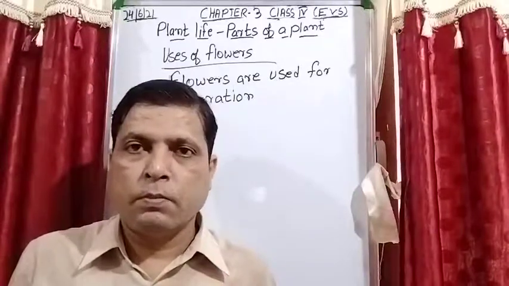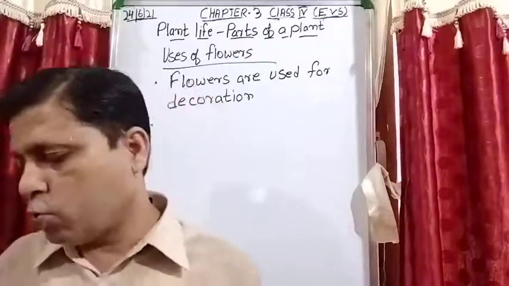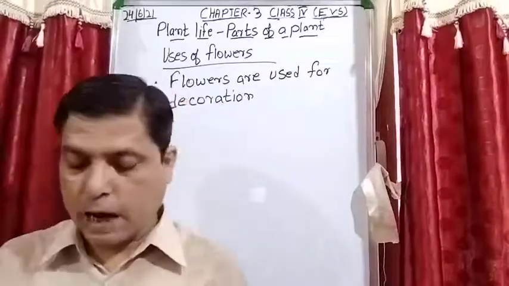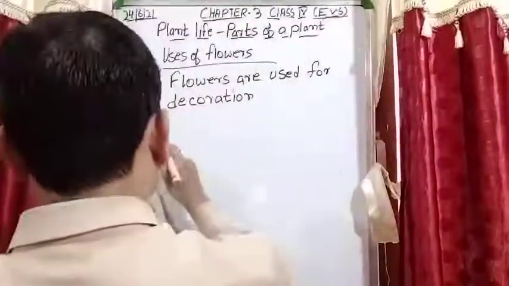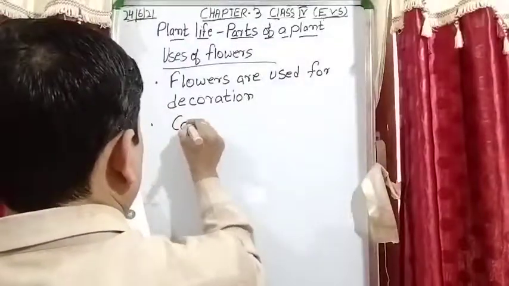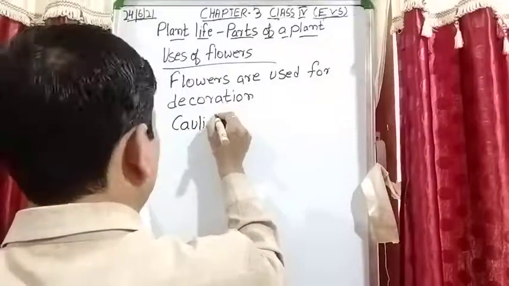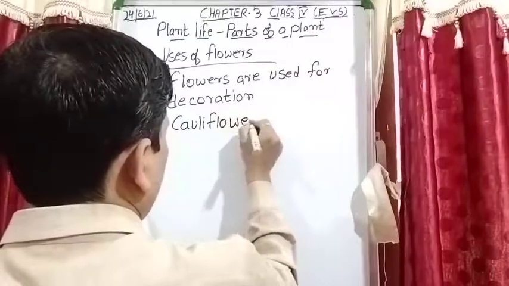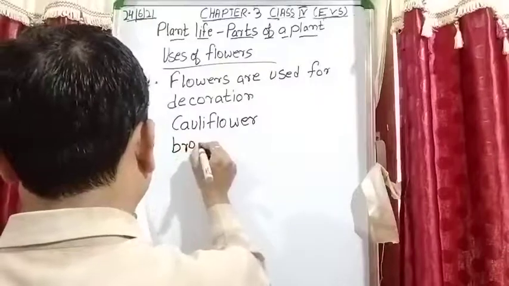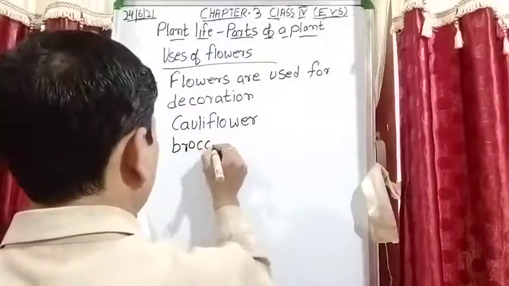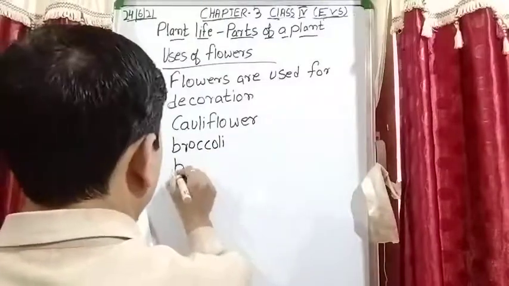So some leaves also store extra food. In the same manner, student, flowers of certain plants are used as food, like cauliflower, broccoli, and banana.